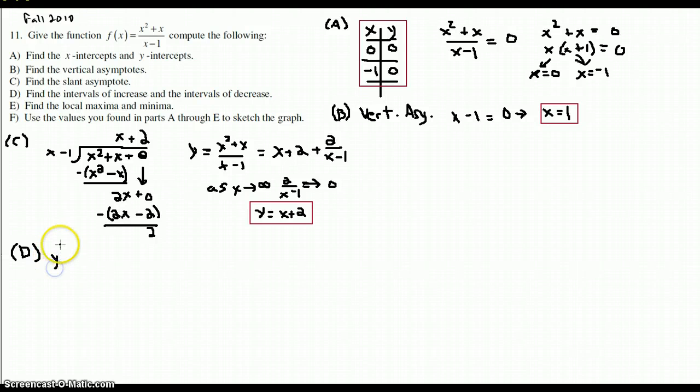We'll do the first thing that comes to mind, which would be to go back to the original and use the quotient rule, where we square the denominator, bring the denominator up to the numerator, multiply it by the derivative of the numerator, which is 2x plus 1.